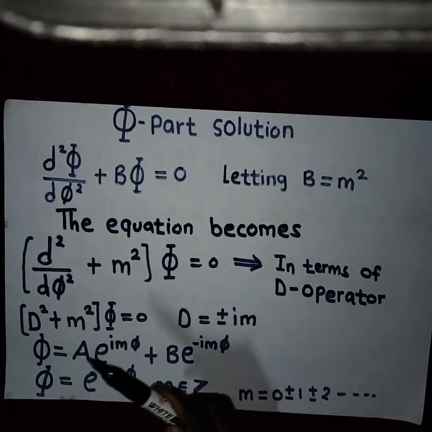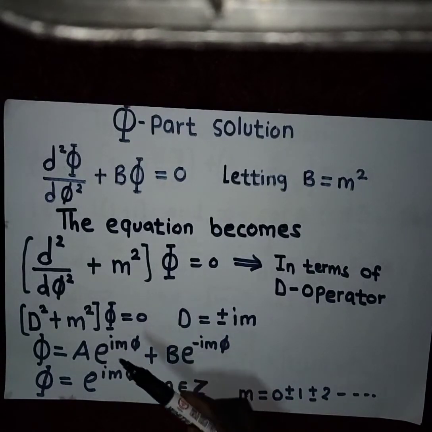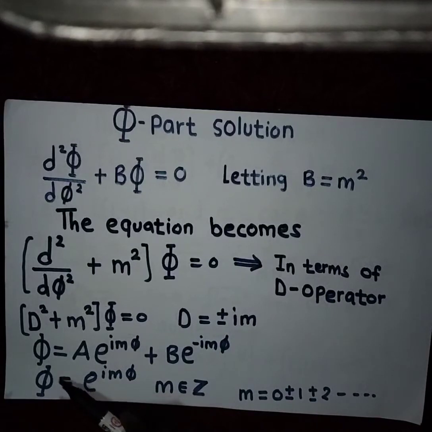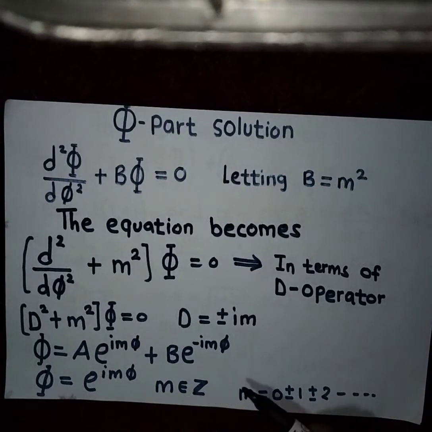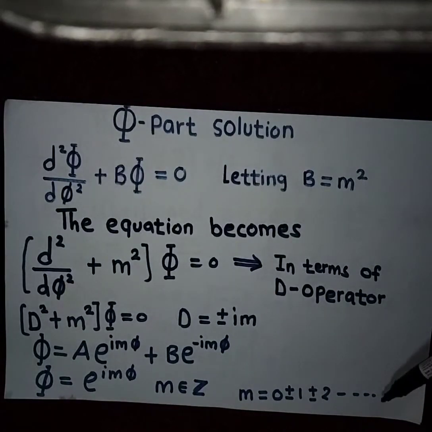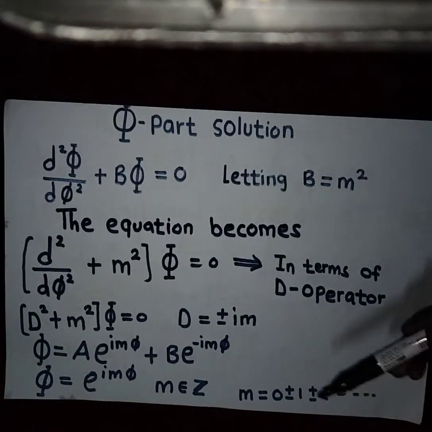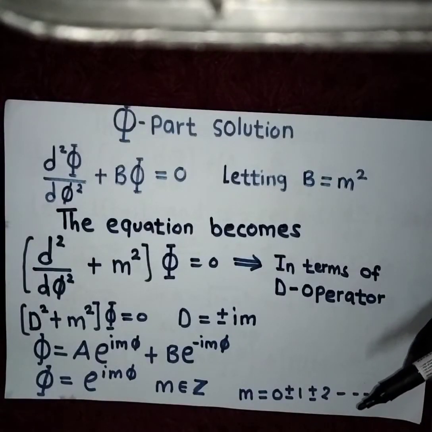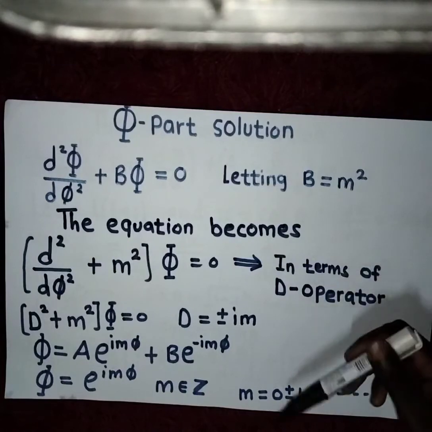Allowing that to be taken by the theta part, I'm going to have phi is equal to exponential im phi, such that m belongs to the integers, where m is equal to 0, plus or minus 1, plus or minus 2, up to infinity. So for every value of m, there must be a positive one and a negative one.